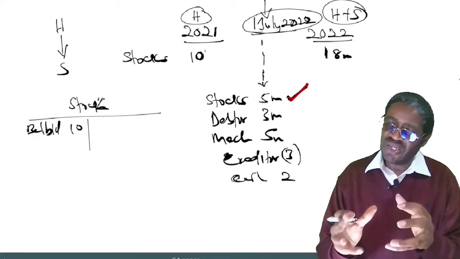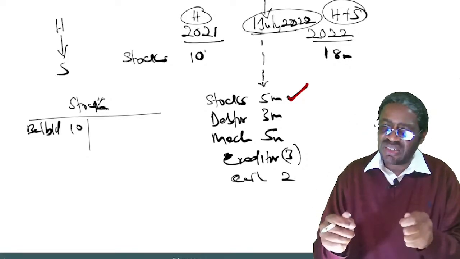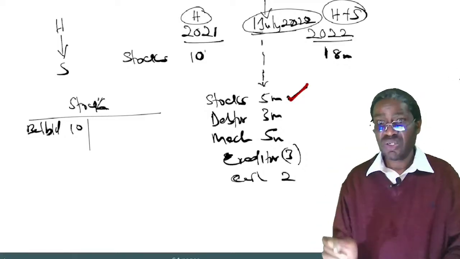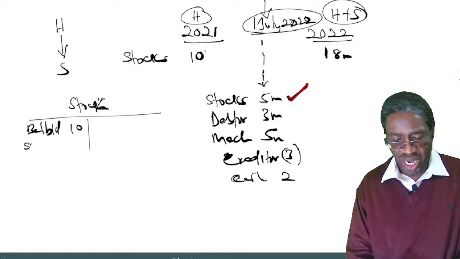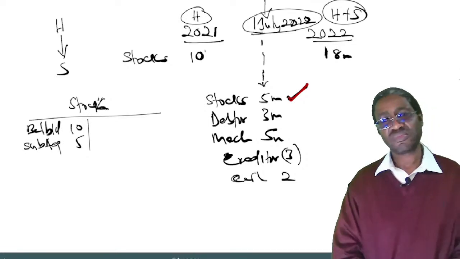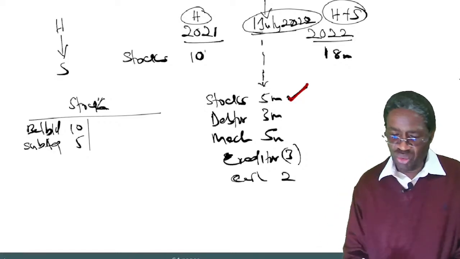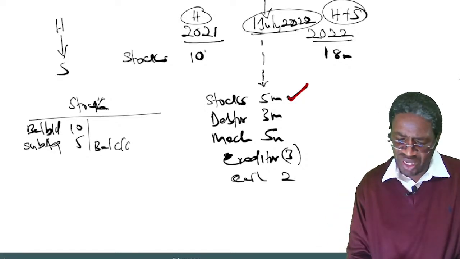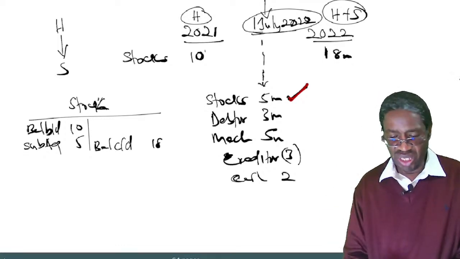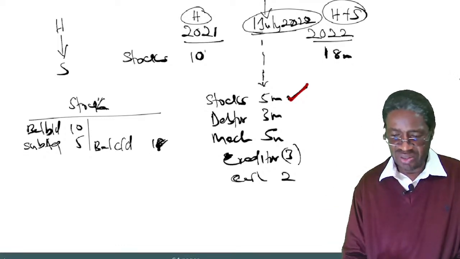That 5 million will automatically make the stocks of the group go up. So you will add here: subsidiary acquired, 5 million. Then you carry down the balance by the end of the year according to the balance sheet, which is 18 million.